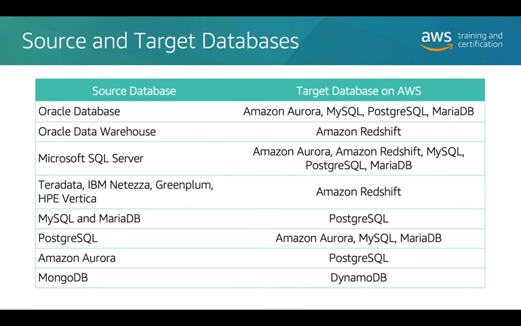There's a number of different database types that can be used as a source and a number of different target databases which the DMS service can manage. So for example, I might have a Microsoft SQL Server on premises, and I might decide to move that to Amazon Aurora running MySQL. And that can be done by DMS once the schema conversion has been done by SCT.